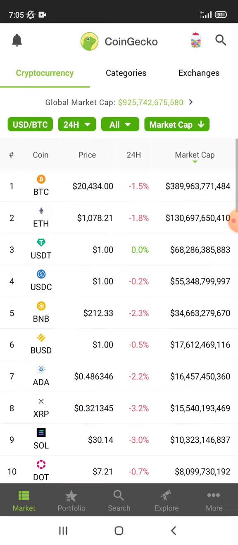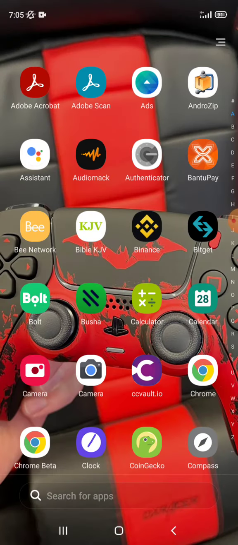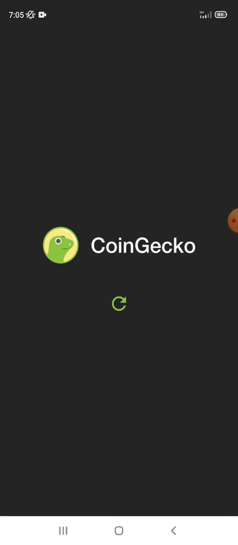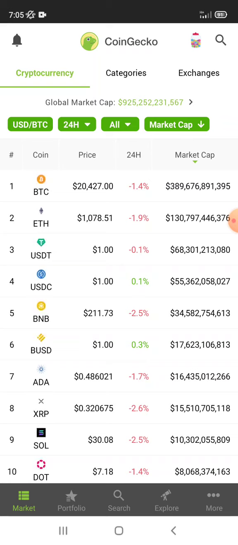This is my CoinGecko, and immediately you open it, this is what you see. Okay, so we are going to be using Bitcoin for the purpose of this class.